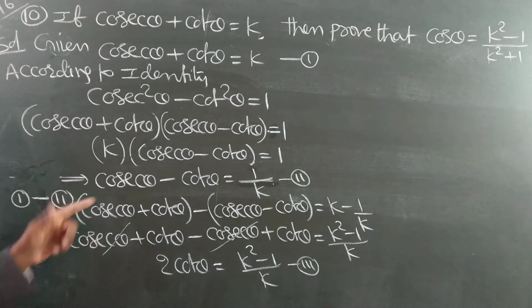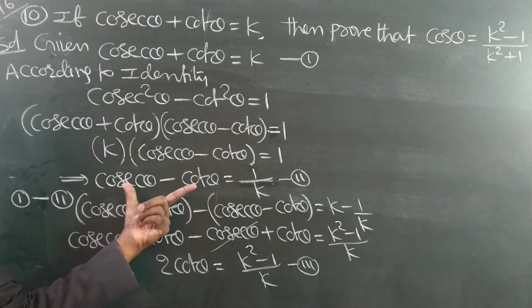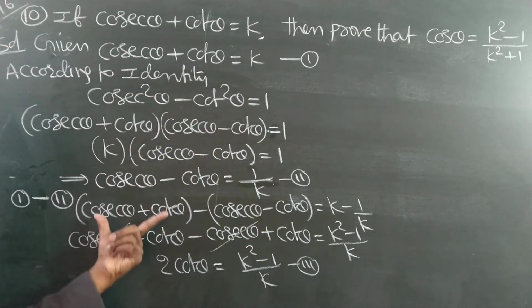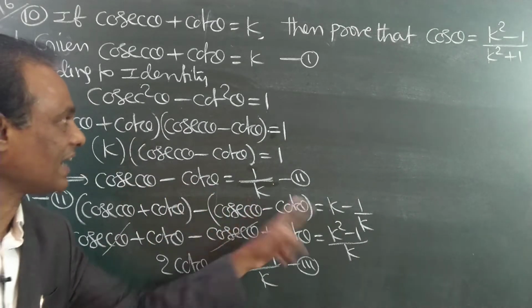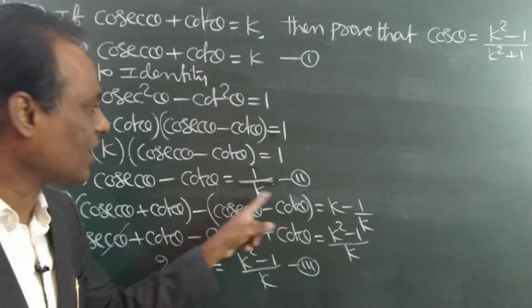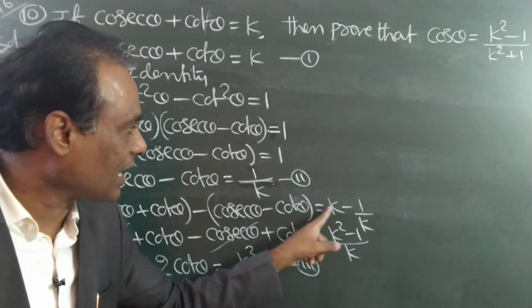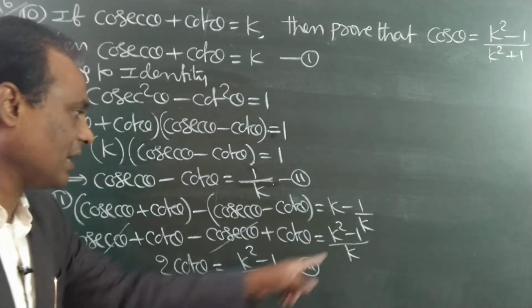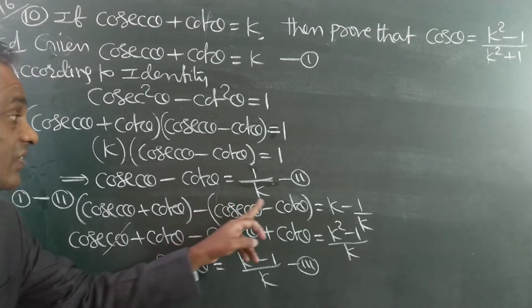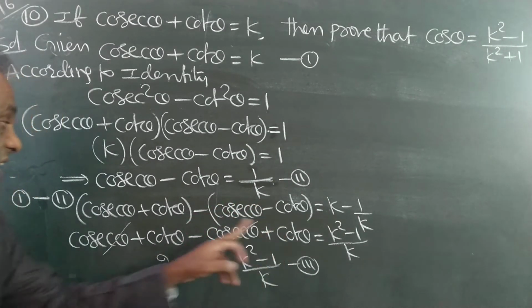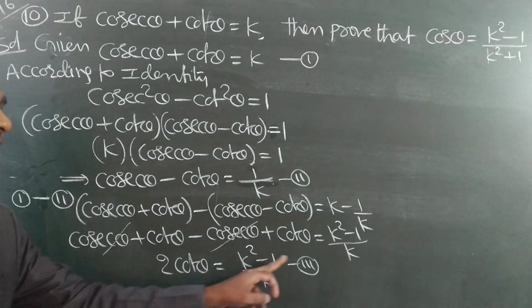So 1 minus 2, this minus this: cosecant theta plus cot theta minus cosecant theta minus cot theta. Right side k minus 1 by k, LCM k, k square minus 1 by k. Open the brackets: minus cosecant theta, minus into minus plus cot theta, 2 cot theta.